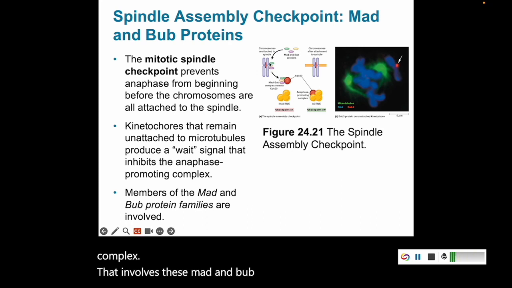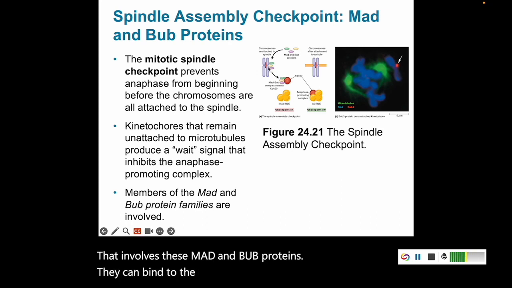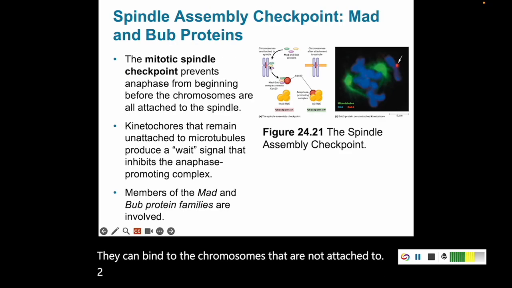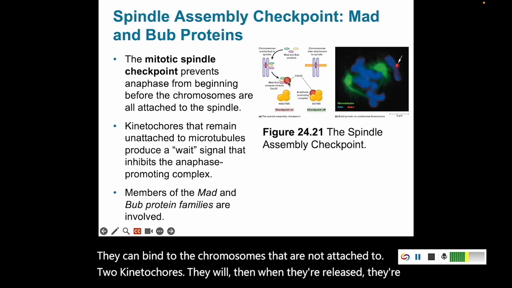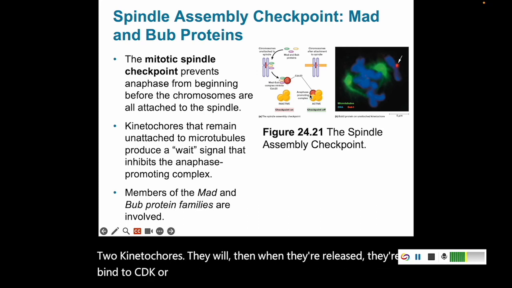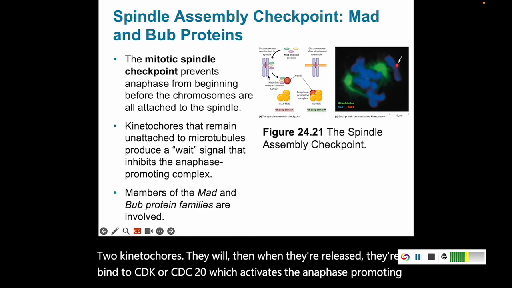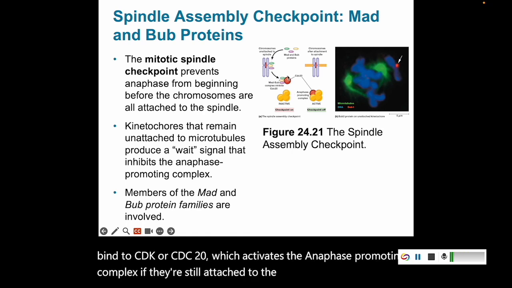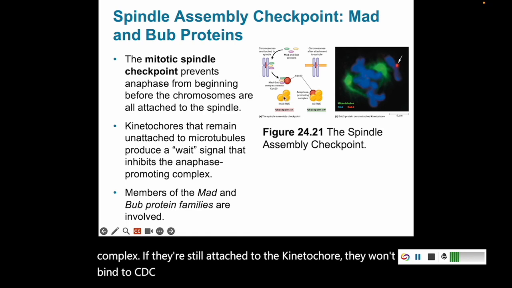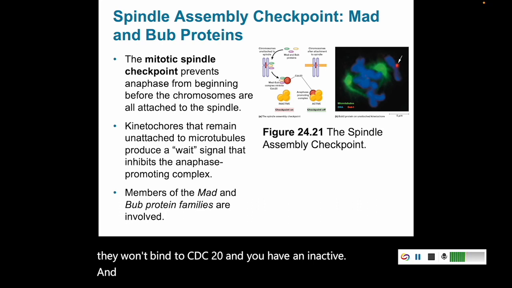They can bind to the chromosomes that are not attached to kinetochores. When they're released, they bind to CDC20, which activates the anaphase promoting complex. If they're still attached to the kinetochores, they won't bind to CDC20, and you have an inactive anaphase promoting complex.